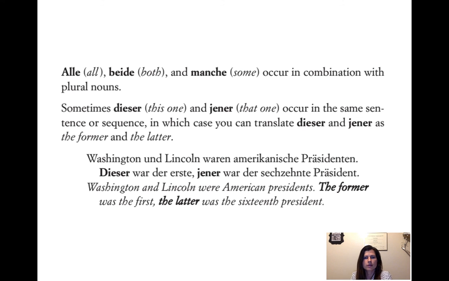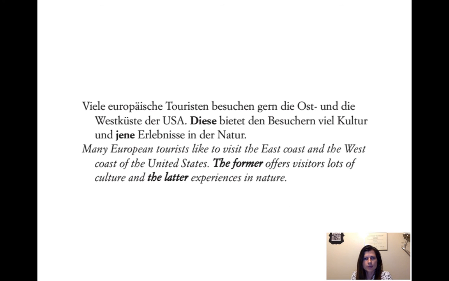Okay, so viele europäische Touristen besuchen gern die Ost- und die Westküste der USA. Diese bietet den Besuchern viel Kultur und jene Erlebnisse in der Natur. So we have many European tourists like to visit the East Coast and West Coast of the United States.